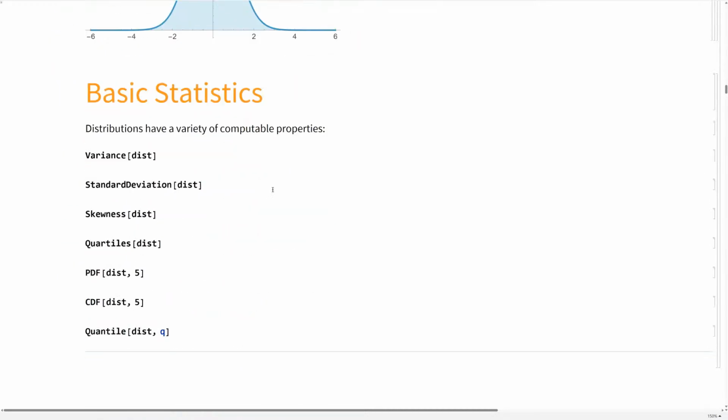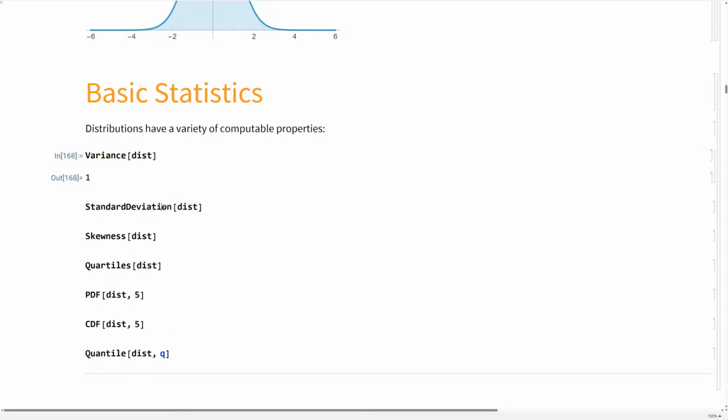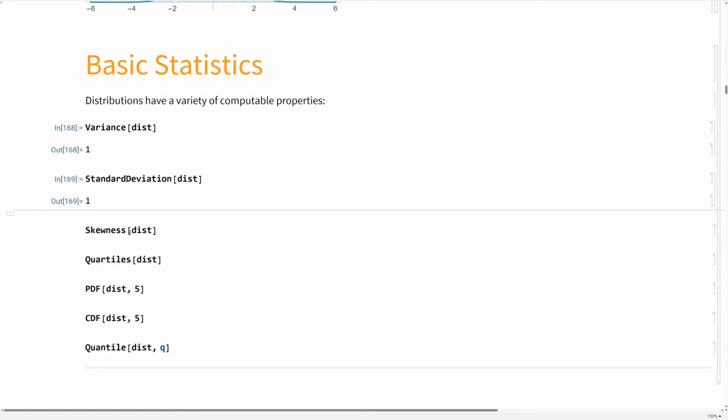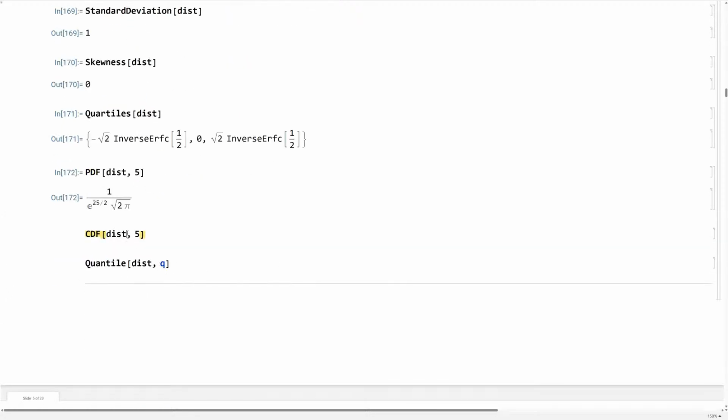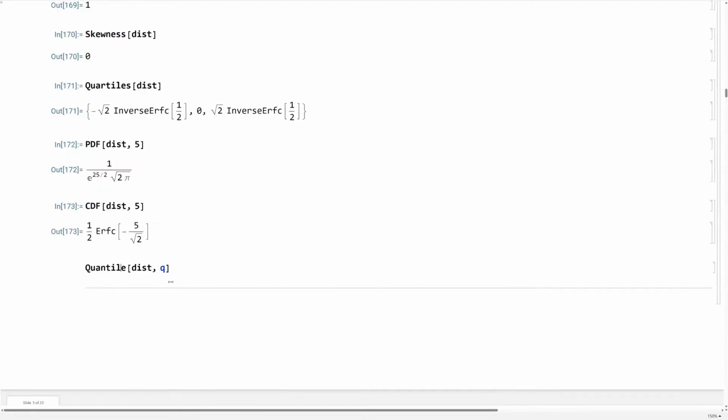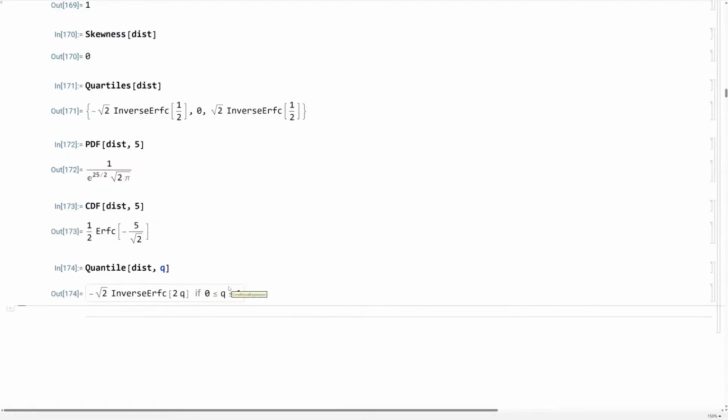Speaking of distributions, there are a lot of computable properties: the variance, standard deviation, skewness, quartile, PDF, CDF, which we've seen, and this one.